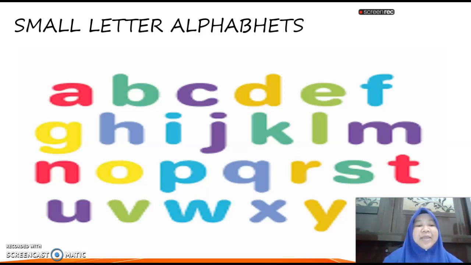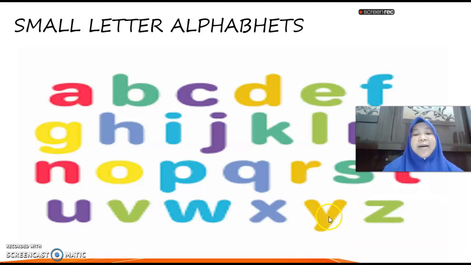N. O, P, Q. Between these two letters, they are actually different letters. This is P and this one is Q. Don't be confused. We have R, S, T, U, V, W, X, Y, and Z.